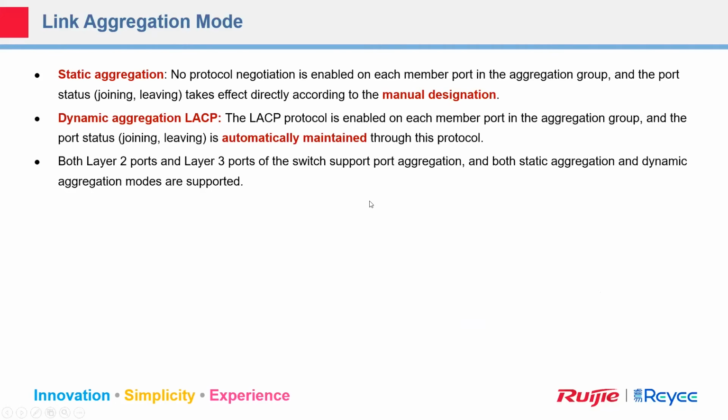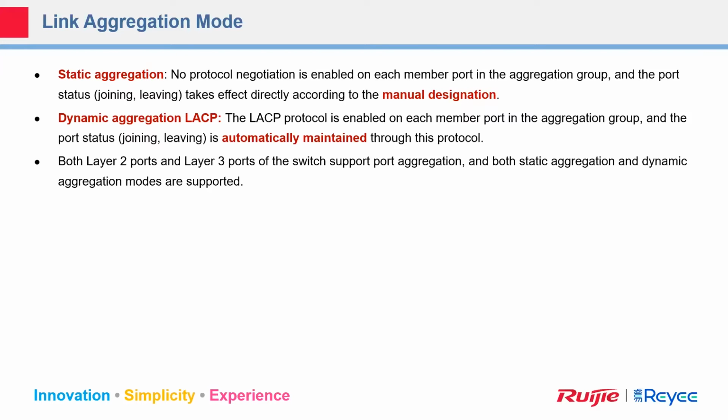And how to make the configuration? We say we have 2 modes. The first one is static aggregation. The second one is dynamic. Static means on both sides we have to add the ports into the aggregation port manually, and they will not exchange any information with the other side.